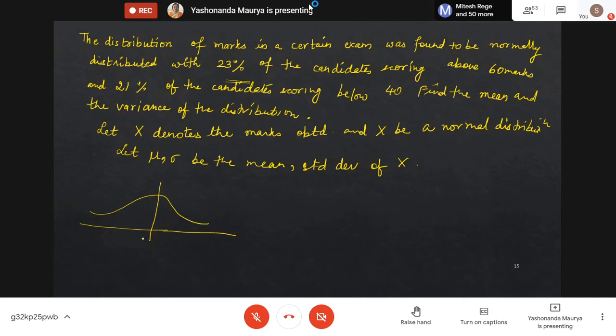Suppose this is the mean, denoted by mu. So above 60, how many students are there?